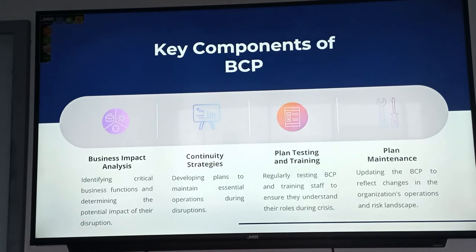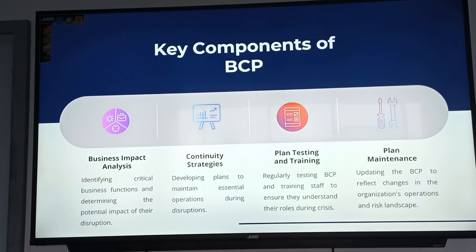And finally, business continuity planning also has four key components. The first one is business impact analysis, identifying critical business functions and determining the potential impact of disruption. Then developing plans to maintain essential operations during disruptions.